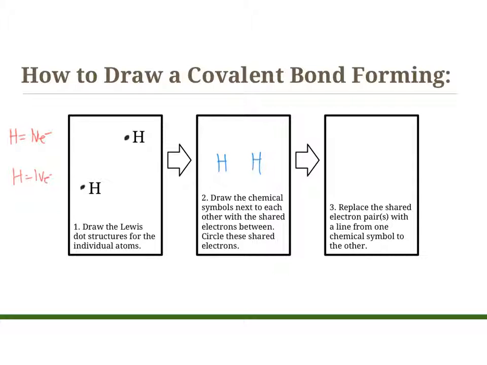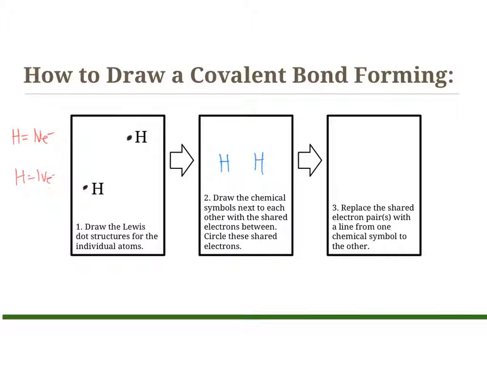So the next thing I'm going to do is take my electrons and put them in between the two atoms in question. Then I'm going to draw a circle, and I'm going to use green for my circles. I'm going to use a circle to indicate that those electrons are being shared.